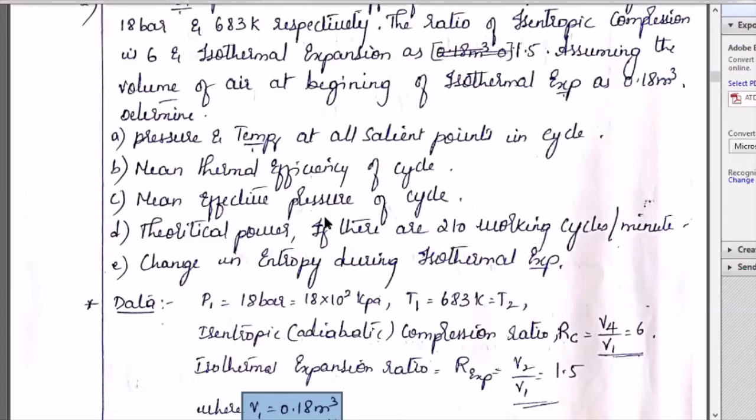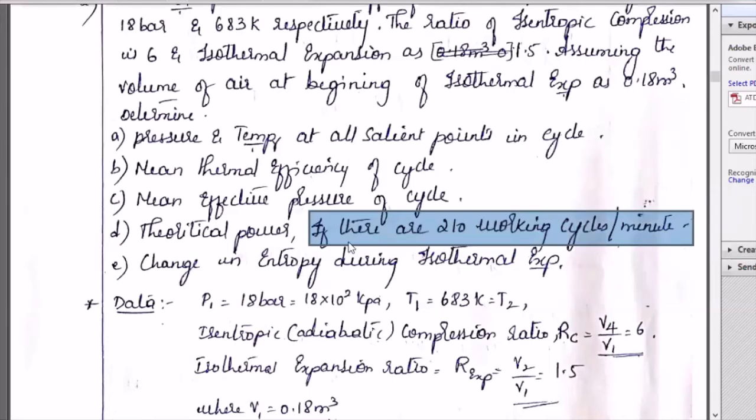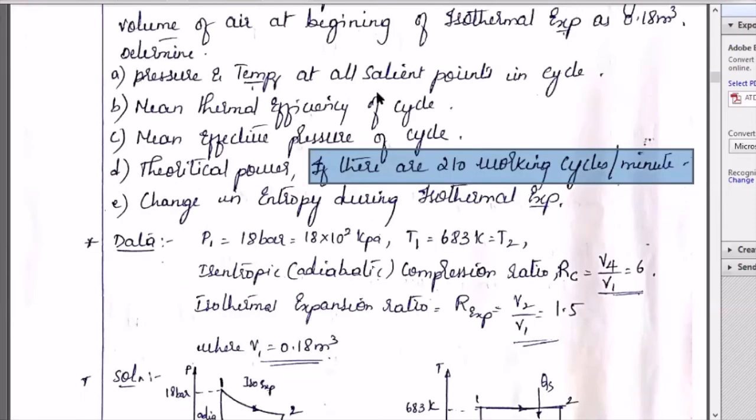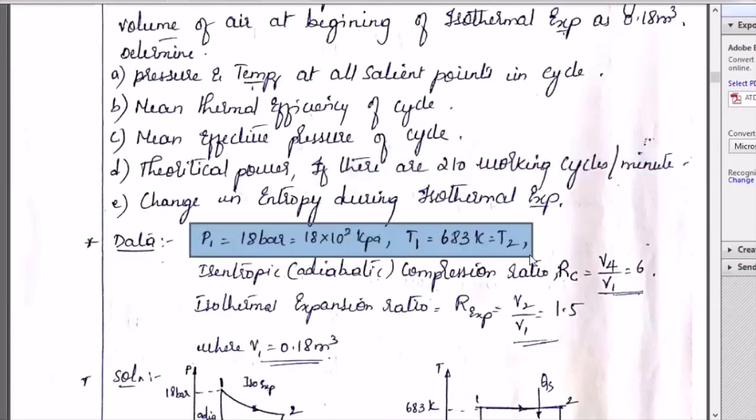Theoretical power we have to find out, given 210 working cycles per minute, and change of entropy during isothermal expansion. All this we have to find out. Now let us find out one by one the pressure and temperature, P1, P2, P3, P4, T1, T2, T3, T4. These are very important. In the beginning of the problem itself, they have given two values.